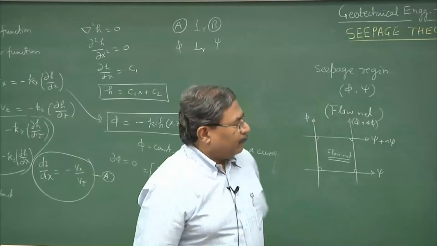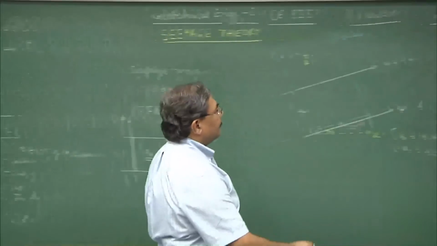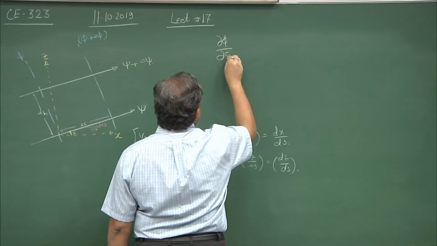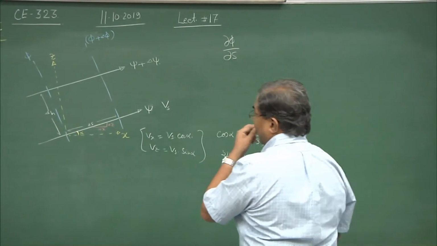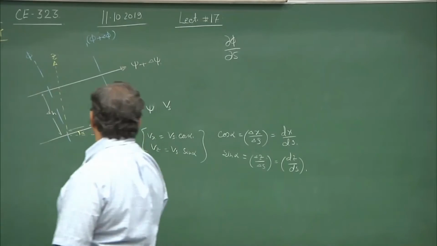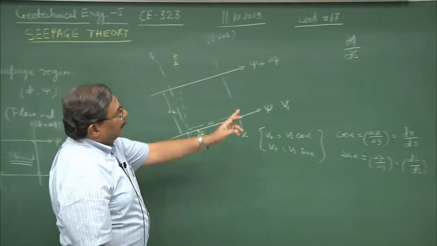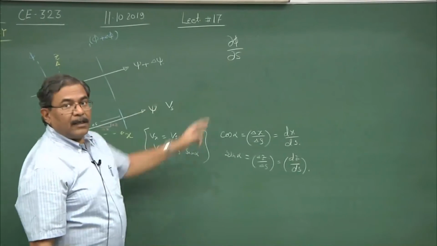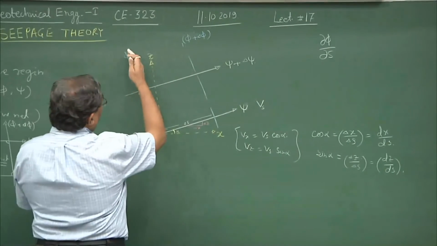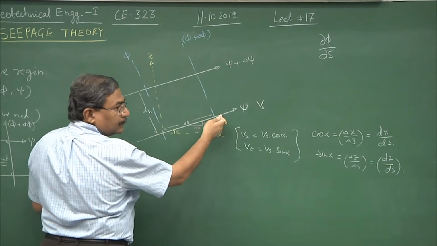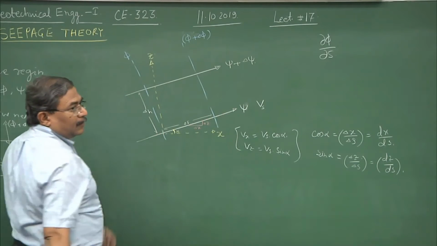Now, suppose I ask what is del phi by del s. Incidentally, del phi by del s is nothing but the rate of change of equipotential in the s direction. All right.